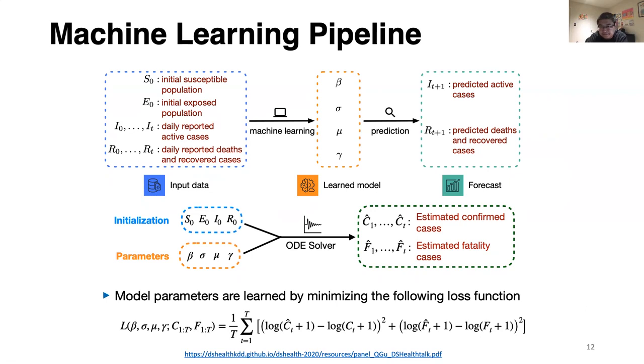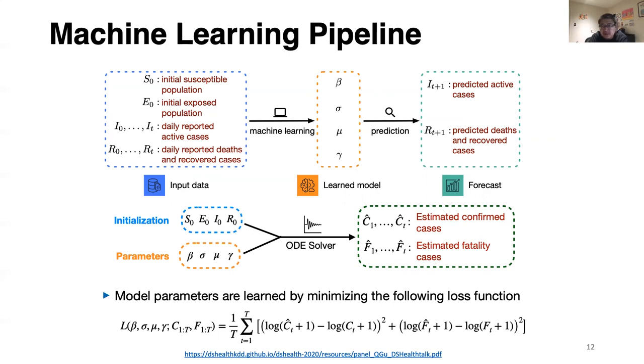And so the IT and RT denote the number of reported infected cases and removed cases at time t, and the P is some smoothing parameter used to ensure the numerical stability.